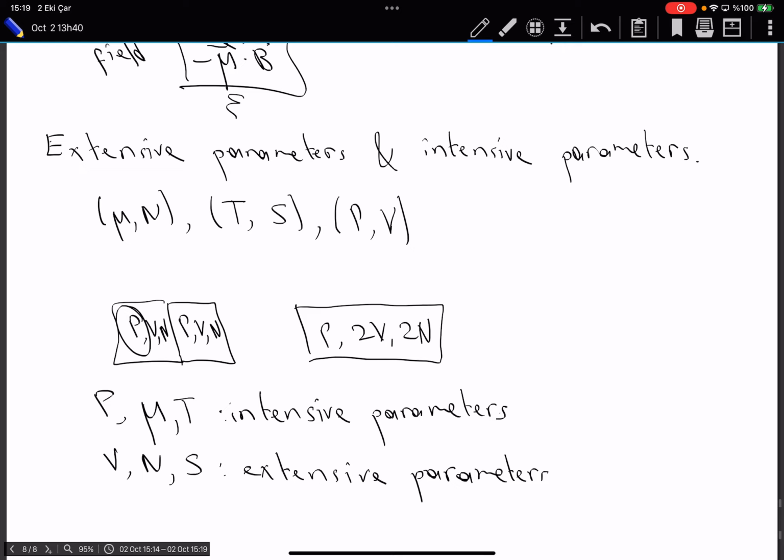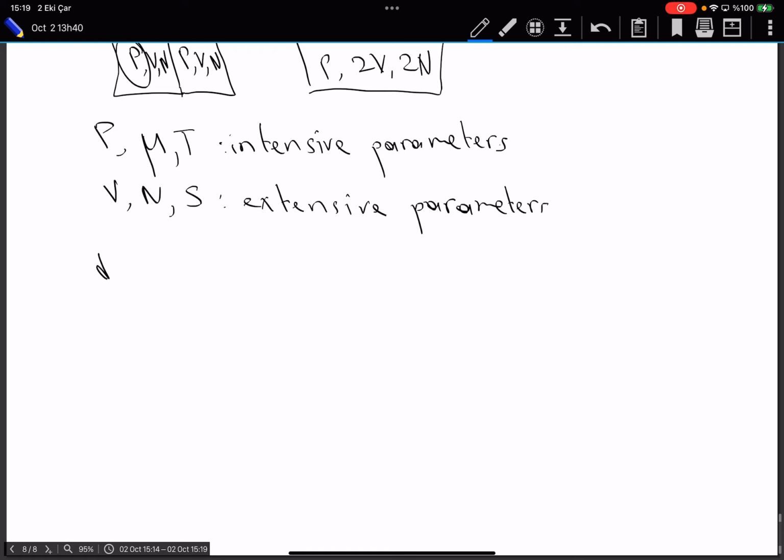Well, this brings some restraints on our functions, some other relations. Let's look at the energy. Well, in fact, rather than starting from energy, let me look at another one. U minus TS plus PV.